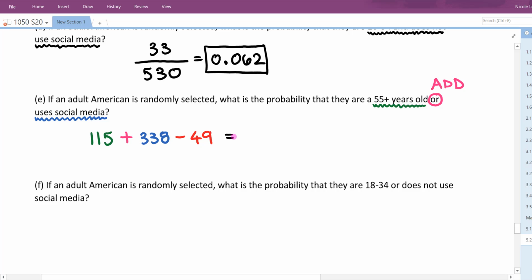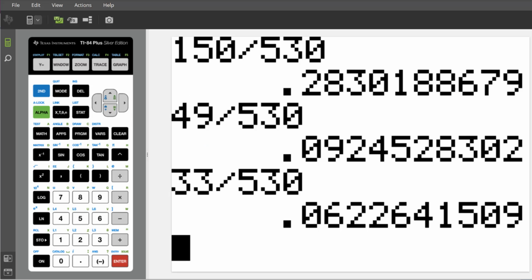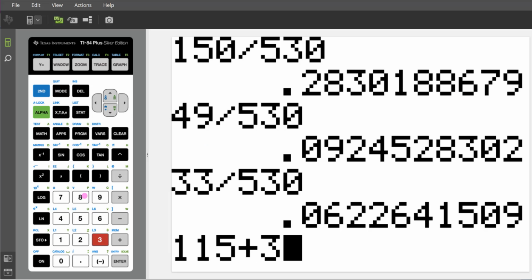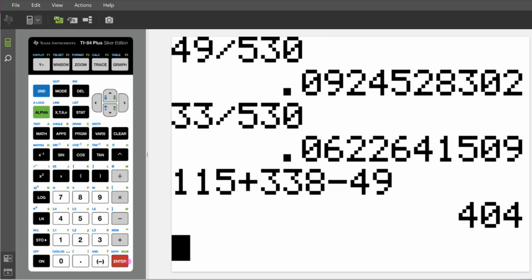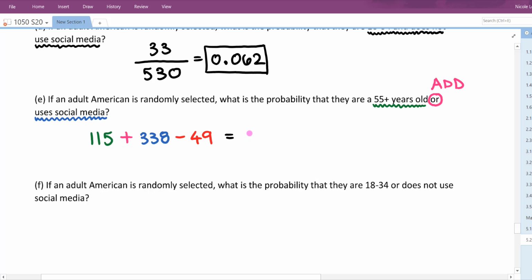Let's add and subtract all of that, and we end up getting 404. But remember, we still need to divide by the total.